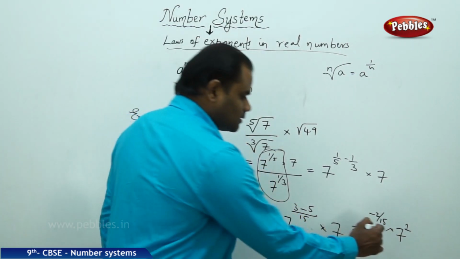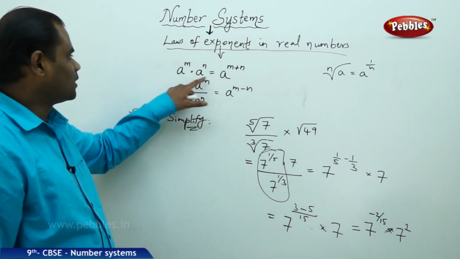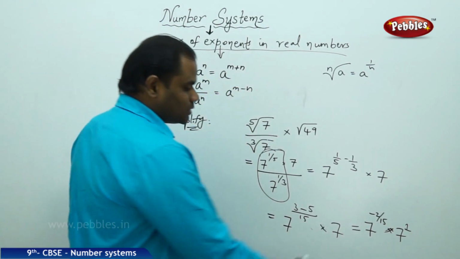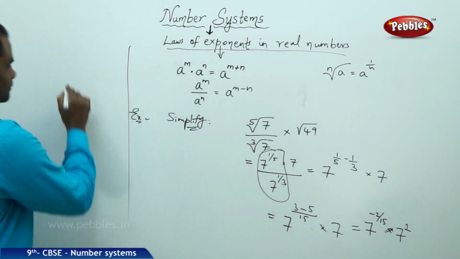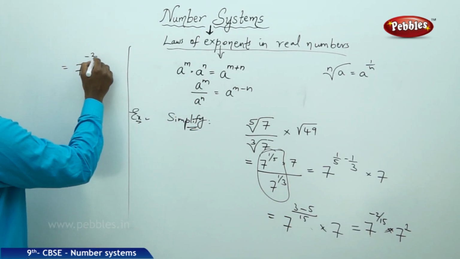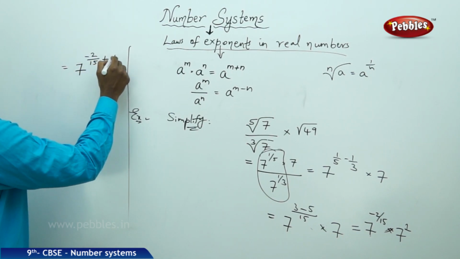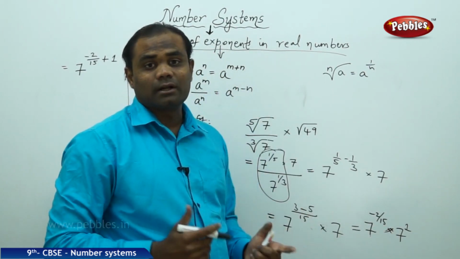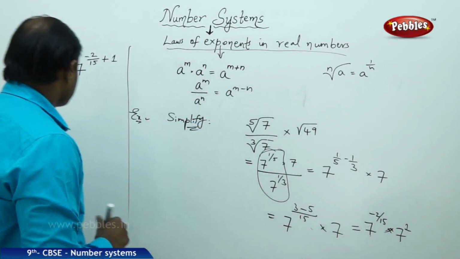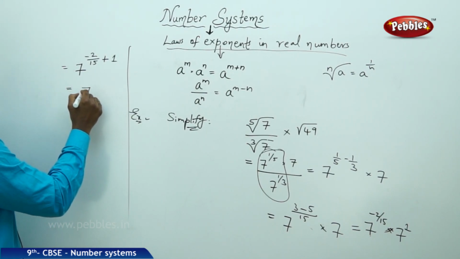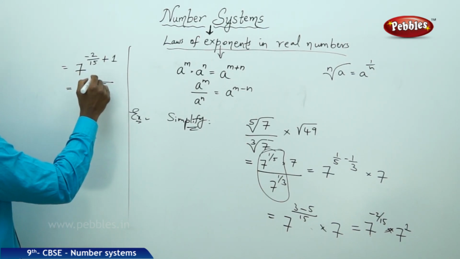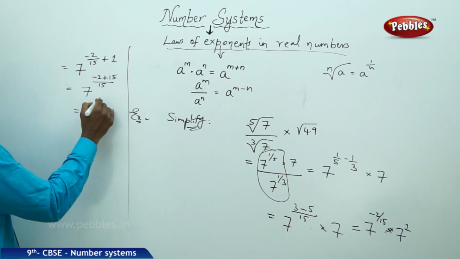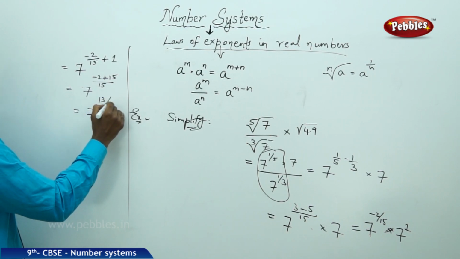3 minus 5 is minus 2 over 15 times 7 power 1. Now clearly I see this with index number 1, which is a power m times a power n is a power m plus n. Therefore this times this gives me 7 power minus 2 over 15 plus 1. When the two bases are equal, the powers are added in the product, which on further simplification gives minus 2 plus 15, which on further simplification gives 13 over 15.